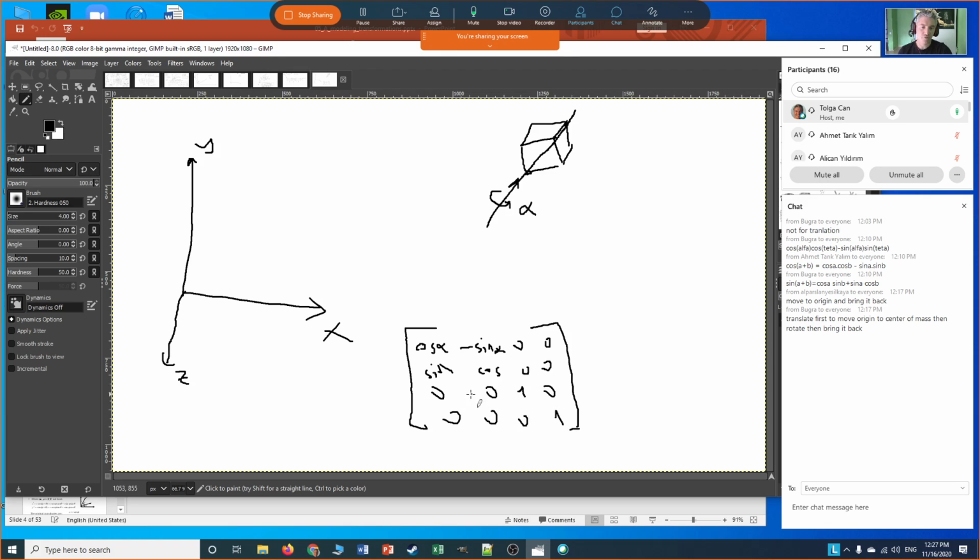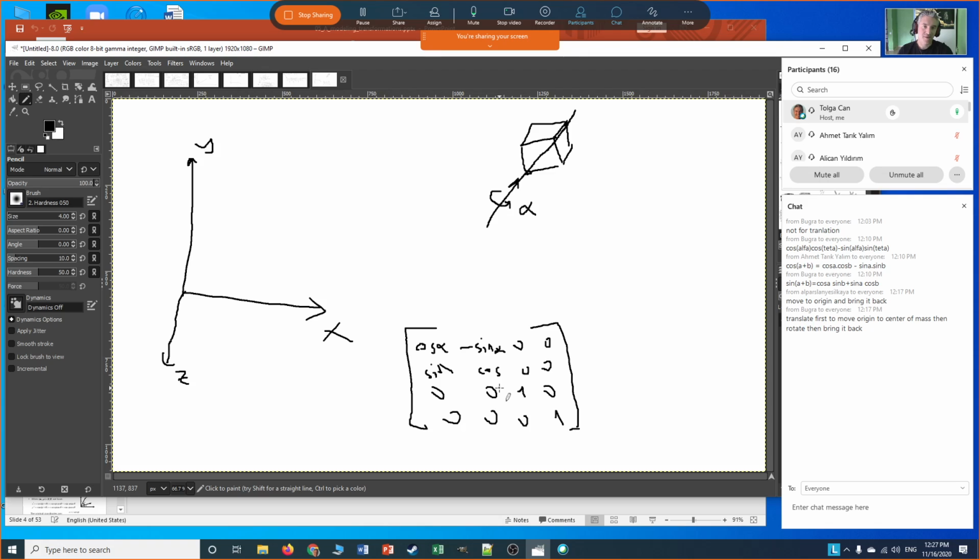So the 3D rotation, as you can see, is a 4x4 matrix, for rotation around the z-axis. When you rotate an object around the z-axis, the z coordinates of the object do not change. Only the x and y coordinates change.